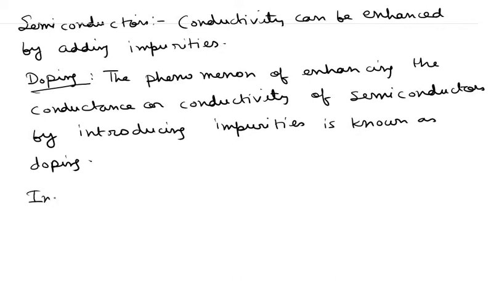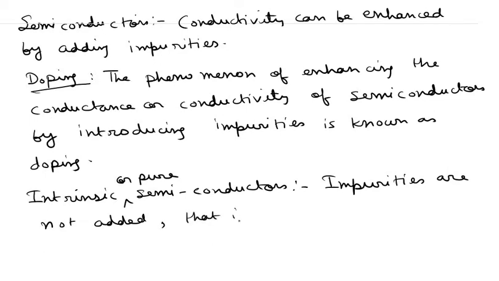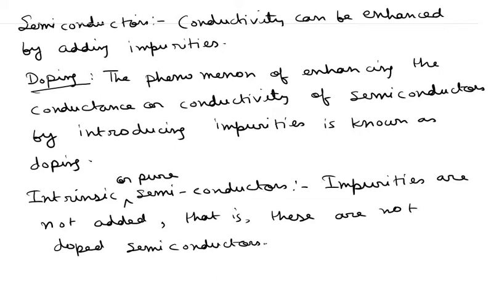Now then there are intrinsic semiconductors, or pure semiconductors. In this kind of semiconductors, impurities are not added, that is, these are not doped semiconductors.